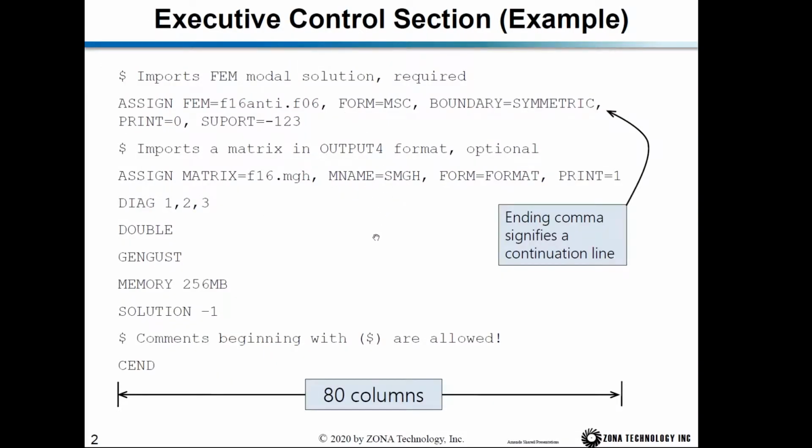This is a typical example of the executive control section. We have ASSIGN FEM equals, and we have ASSIGN MATRIX to import a matrix, and then we end this executive control section by CEND.